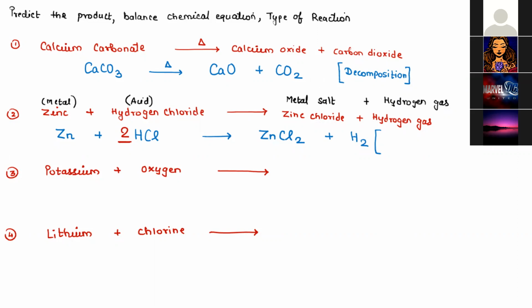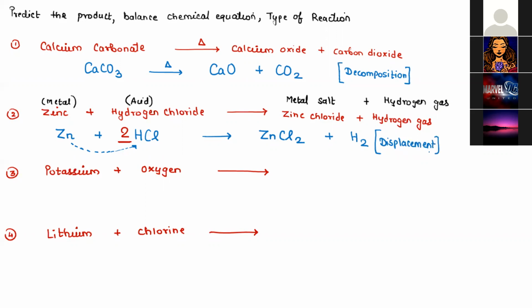Huda, yes, your answer is correct. Who is replacing? Can I say zinc is replacing hydrogen over here? So if there is some replacement, what is that reaction, Amima? One metal more reactive. If it is displacing, what is that reaction called? Displacement. Yes, it's a displacement reaction.